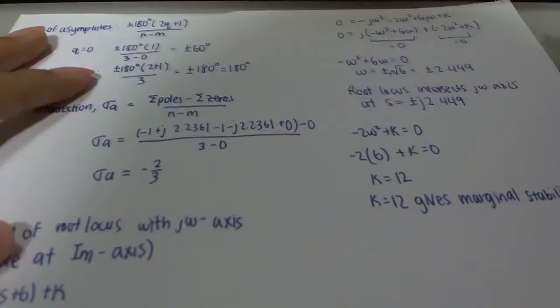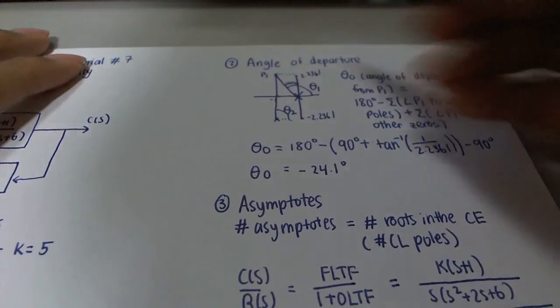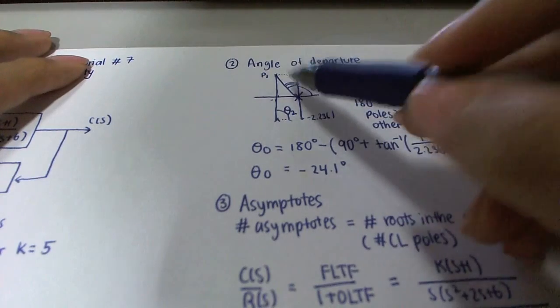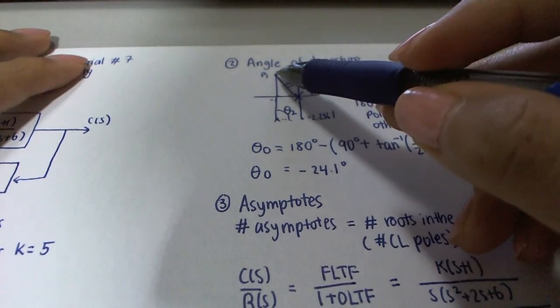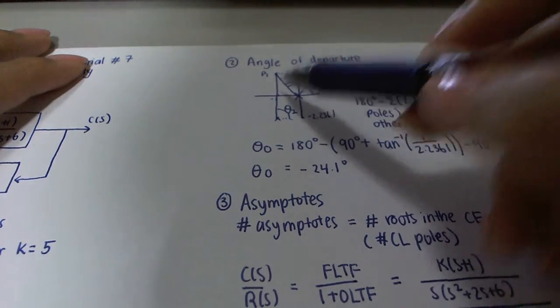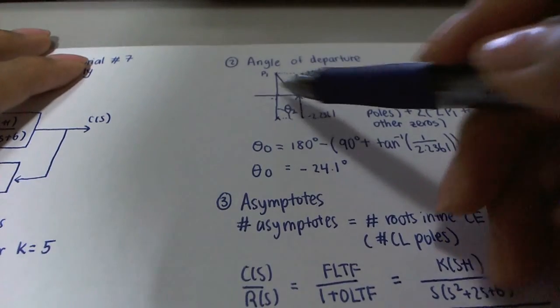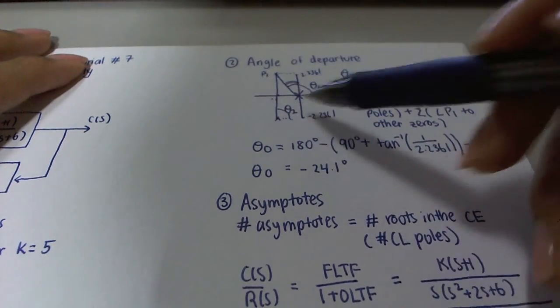So basically, in the top part of the real axis, in this section, we only have a single pole.